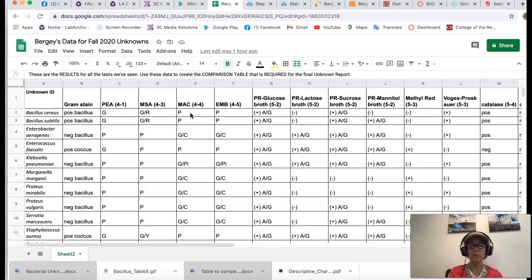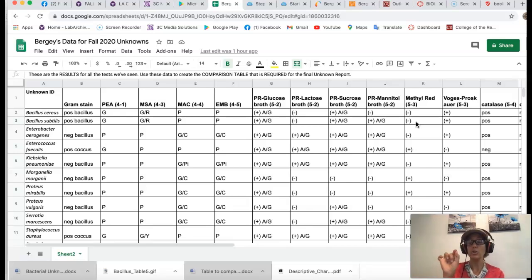And then you could come in here and say, well, I thought I had Bacillus cereus. And you're going to create a table where you have the list of all the tests we've done, the list of the results for your unknown, and then this table with the list of the results for what Bacillus cereus should actually do.